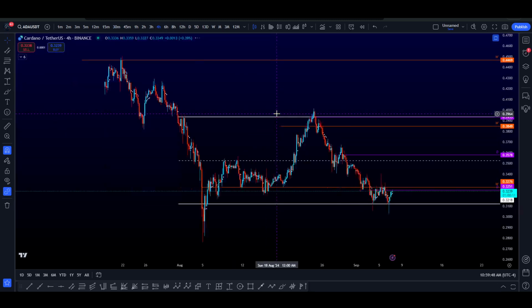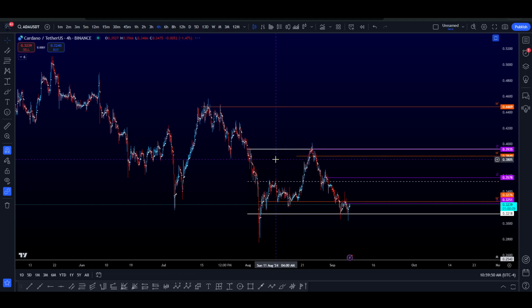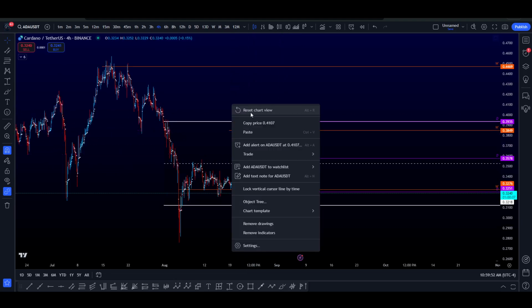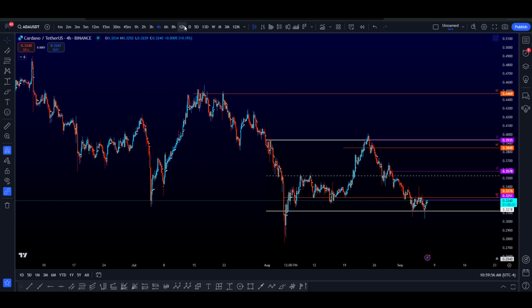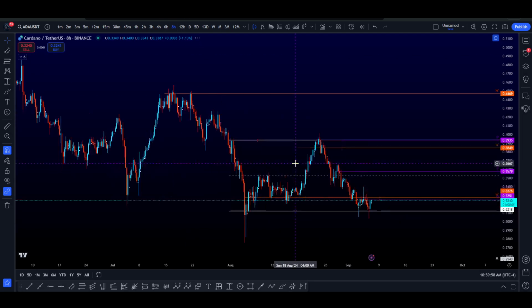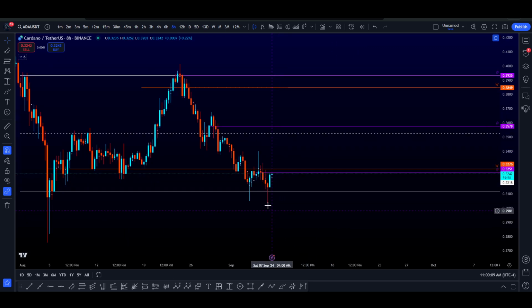So back to the overall look of Cardano though, I do expect to see a little bit of an upside here. I think Bitcoin fell a lot. I think if we even zoom out a little bit more, let's go to the 8-hour. You know, we've had a sell-off, we've bounced, sold off again, came right back to test that close, the daily level close, back tested it once, price came up, price came back down, took the lows, so swept the liquidity.